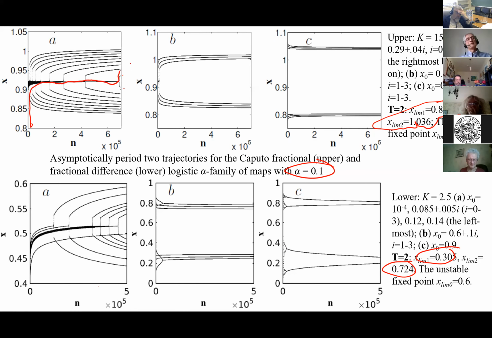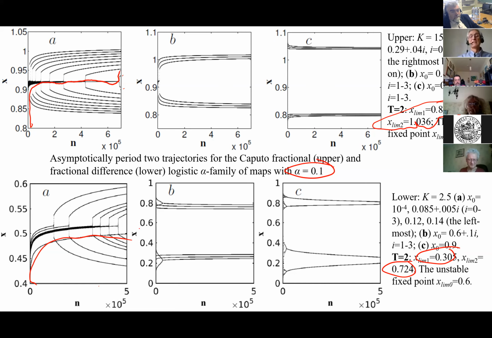What does it mean? It means that systems with an unstable fixed point start the evolution converging according to the power law.